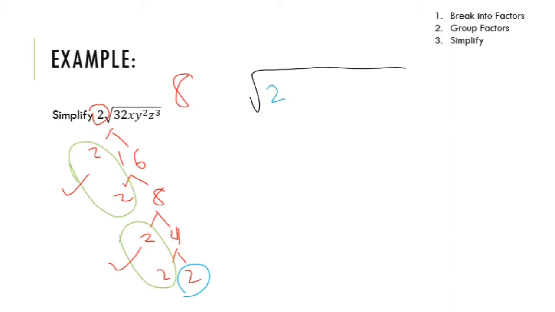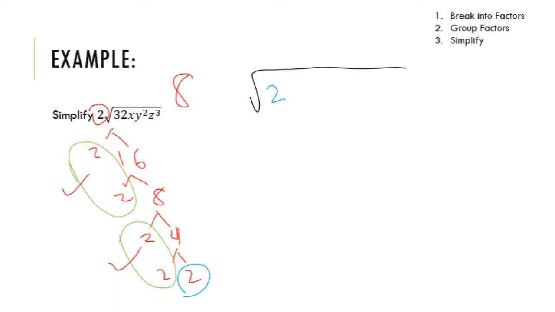Now let's look at these letters. What you're going to do is divide these exponents by 2 because it's a square root. If it was a cube root, you divide them by 3. Now, whatever the quotient is, the result of dividing, you're going to put that number on the outside, and whatever the remainder is, you're going to put that on the inside.